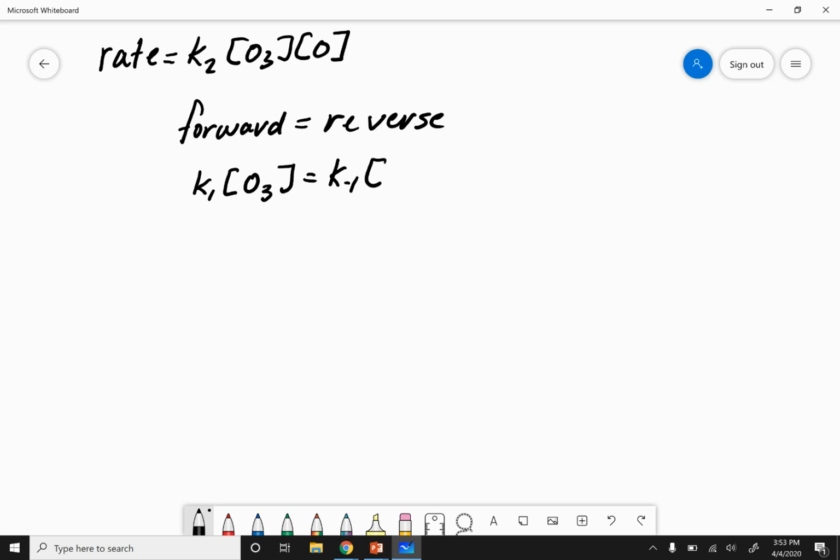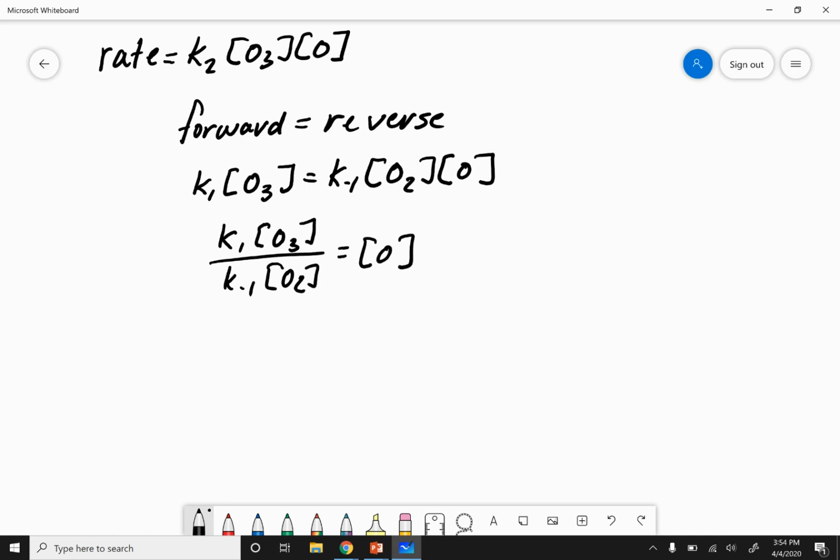And to go backwards in that elementary step, I have O2 combined with O. Now I can rearrange this equation. I can say K1 O3, and I'm going to divide both sides by K to the negative 1 and O2. And that leaves me with an expression for the concentration of my intermediate, atomic oxygen.